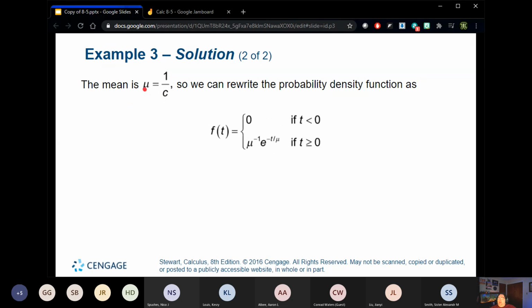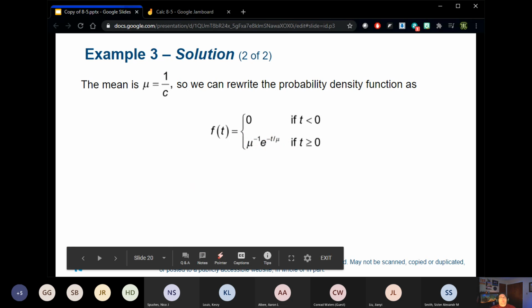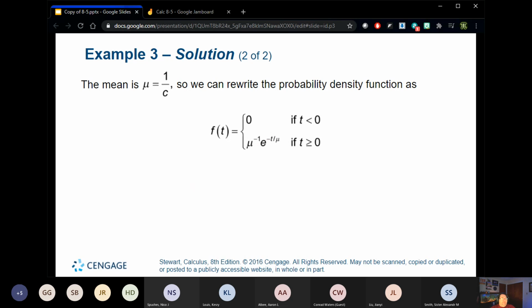Now that I know that my mean is 1 over c, I can replace that c in my function with the mean, which is something that I will know when we're doing our work. So instead of having a random variable like we did with c in the original problem, we wanted to get rid of that. Now I've got a value that I actually will know from my problems.